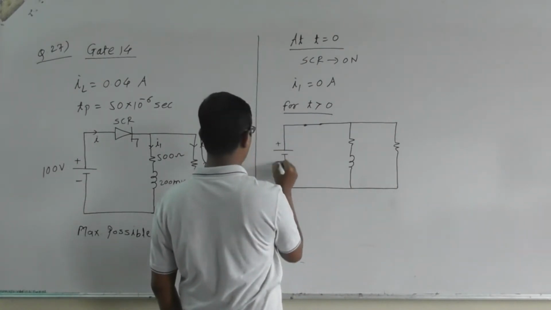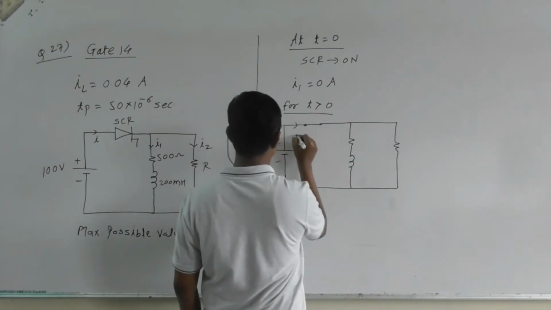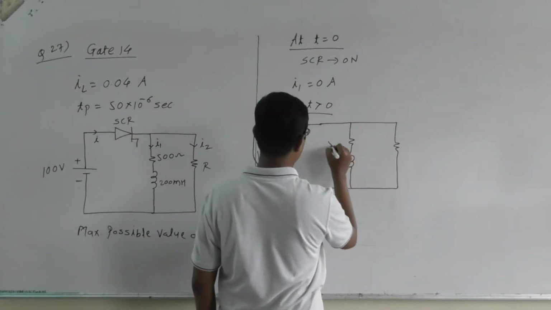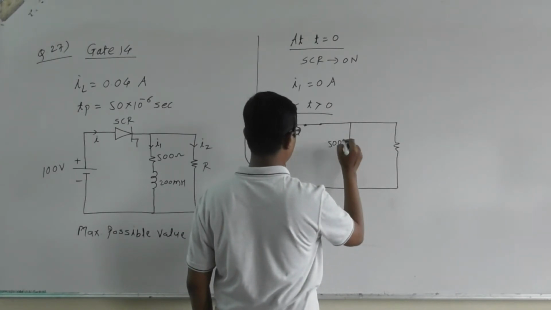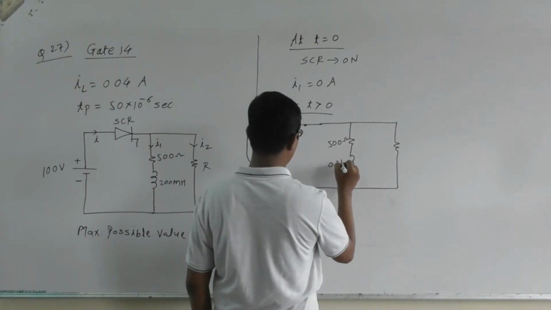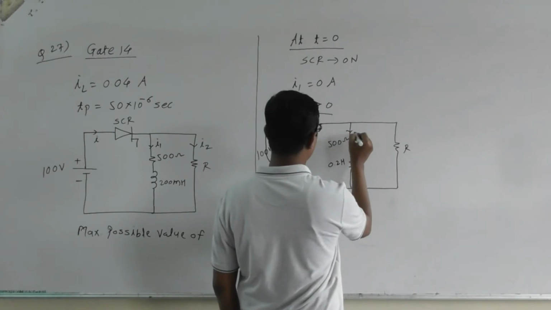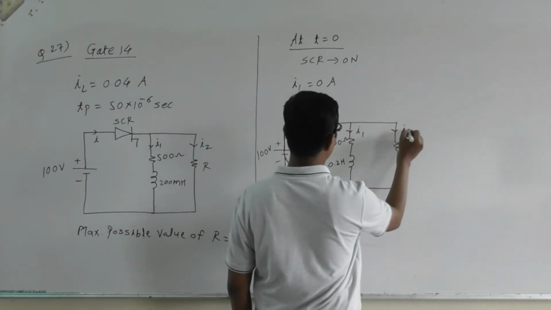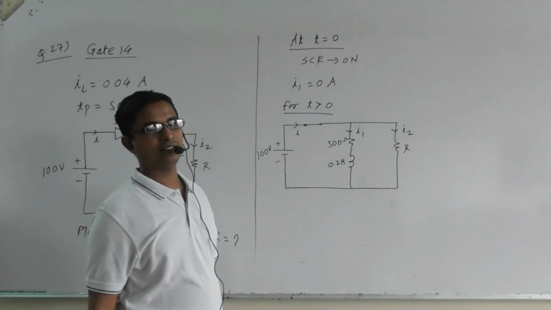Okay, this is 100 volt, this is current I, this one is 500 ohm, 200 millihenry, 200 milli is 0.2 Henry, right? And this is R, we need to find. This one is I1, this one is I2. Okay, next.